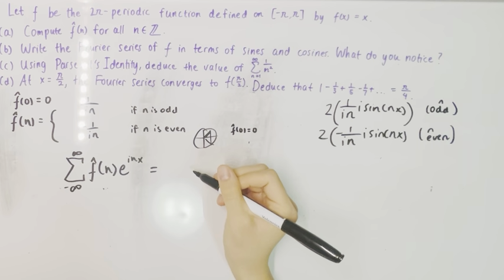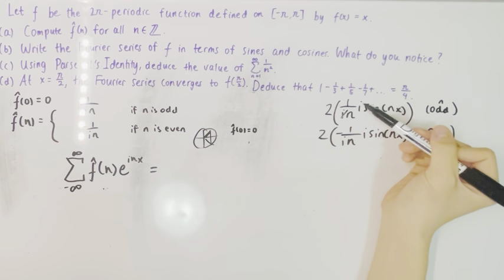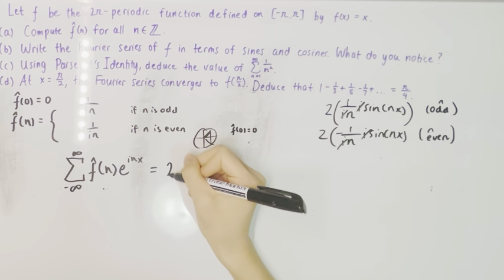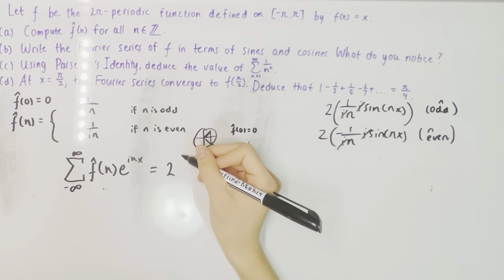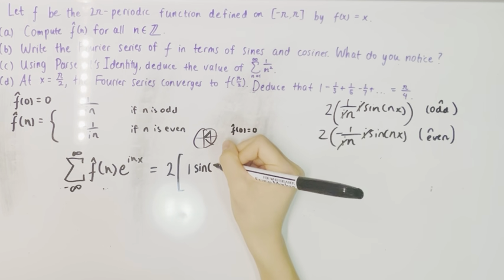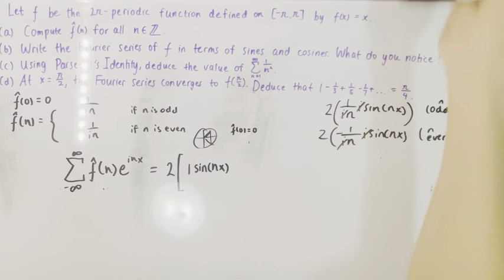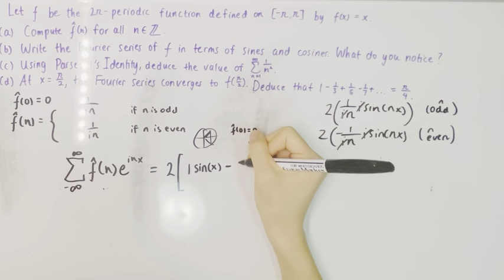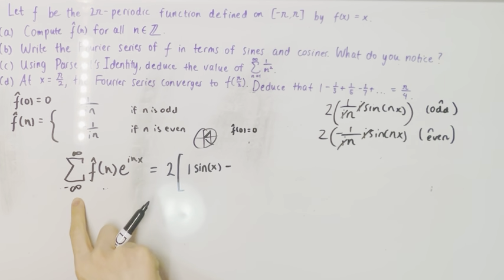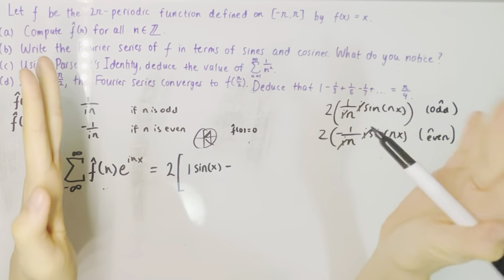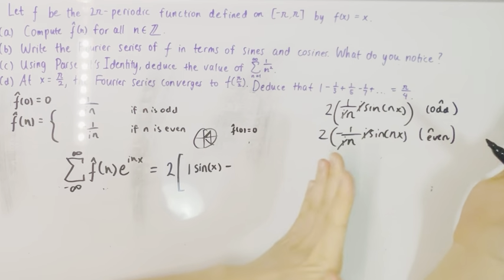Notice that these i's also cancel, right? This is going to be equal to 2 times 1 sine x, minus, because when we add the corresponding negative n to the corresponding positive n, we get this whole expression, right?